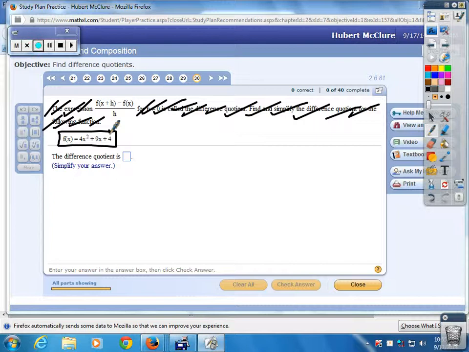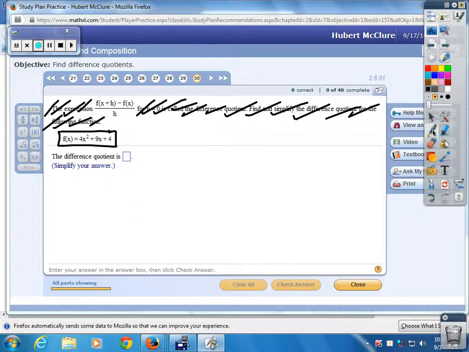So do it. You know what f of x plus h means, don't you? That means to plug in x plus h wherever there's an x, Hubert. Yeah, that's right. What I tell students to do is draw a big set of parentheses where there's an x.